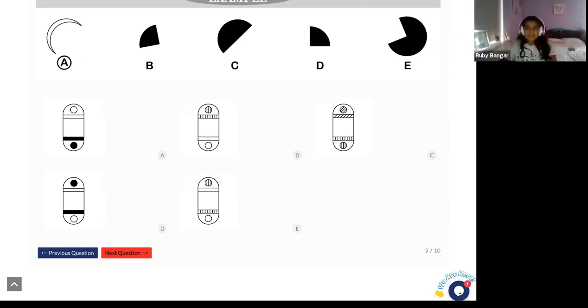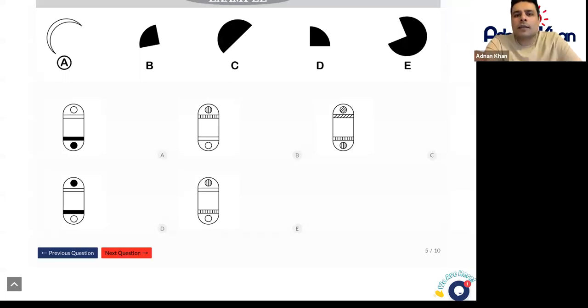Okay, I think it's C because all of the other letters have a white line on it, but C doesn't have a white line. Yeah, you're right. So what you're saying is that there's a white circle here, a white circle there, a white circle there, but there is no white circle there.